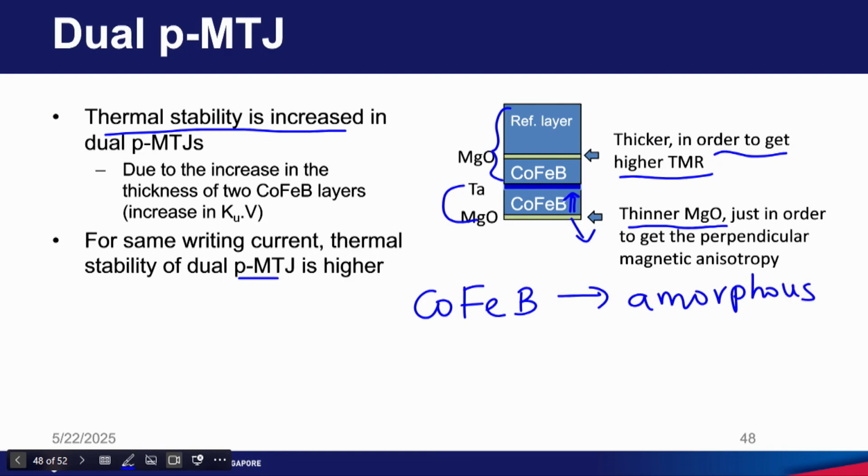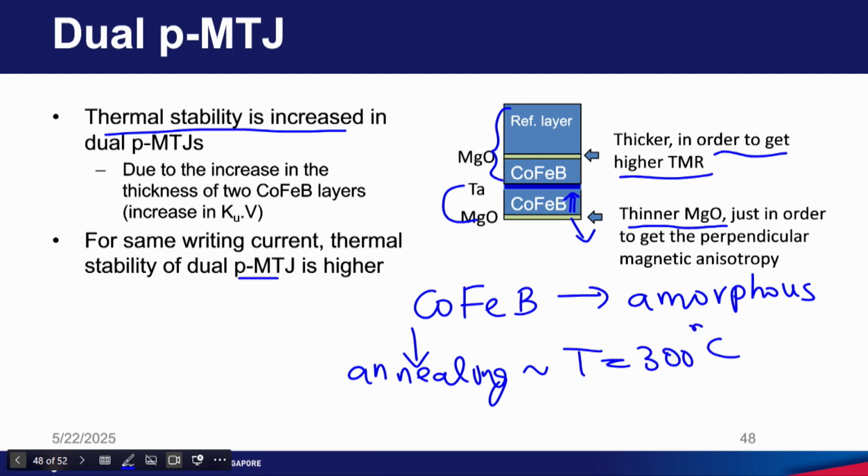So when you make MRAM, this cobalt iron boron is deposited as an amorphous layer, but in the MRAM process they will do some annealing. After they deposit all these layers, they will do some annealing at around 300 degrees Celsius.